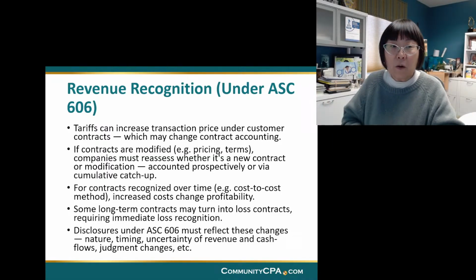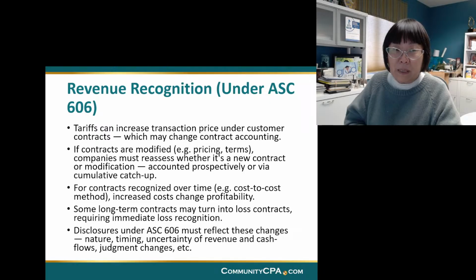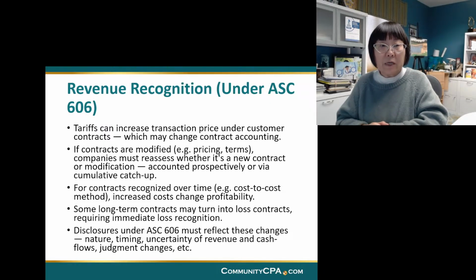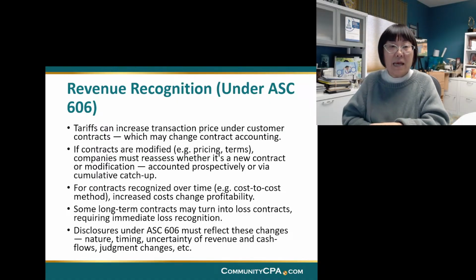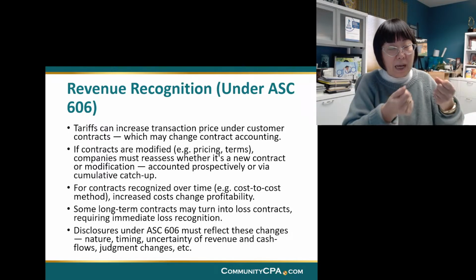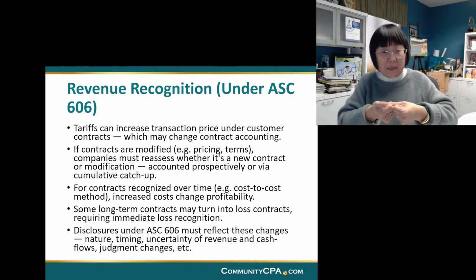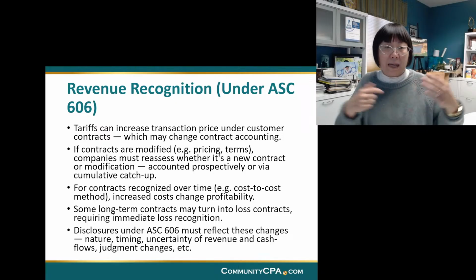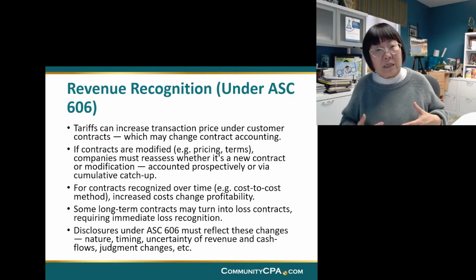All right. So these kinds of things would trigger your revenue recognition to be different. If you already know you're going into the red, you want to make sure the recognition comes in right away. You didn't make the money, you have a loss. You can go back and negotiate with your customer if it is possible.